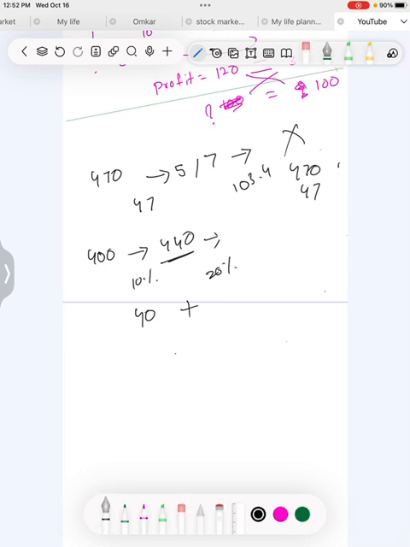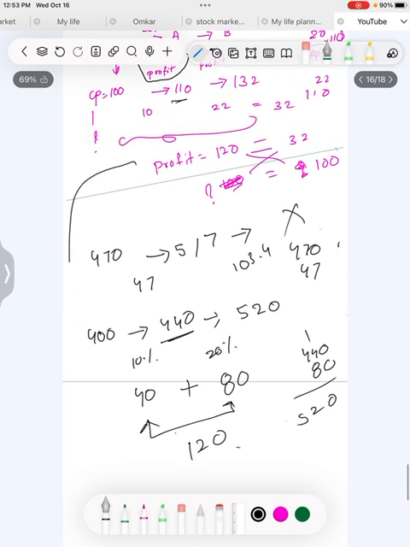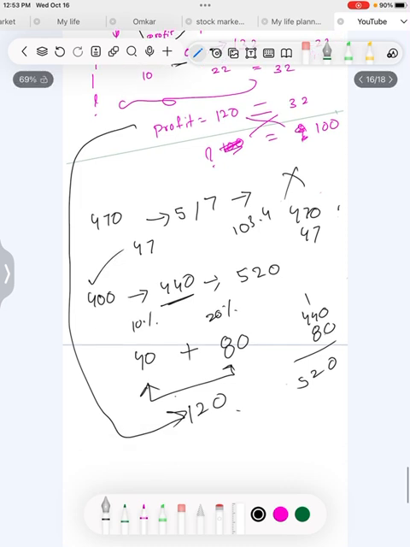Okay, now let us calculate. We will get 520. Okay, we will get 80. So these are the profits. When we add this, we will get 120 as it was shown here. So this option is correct. Okay, this is the answer.